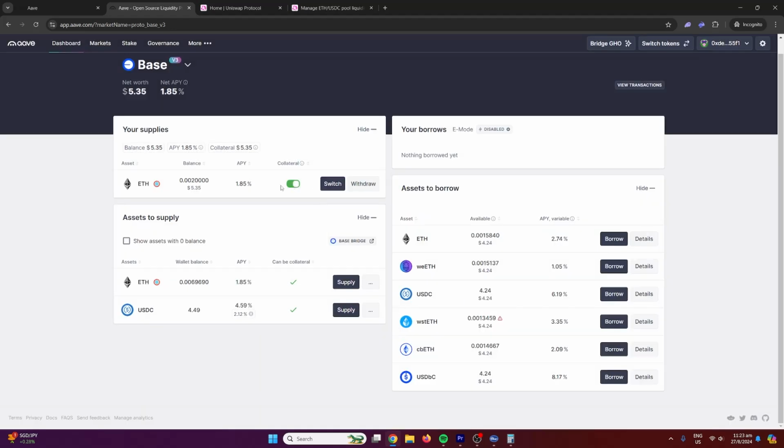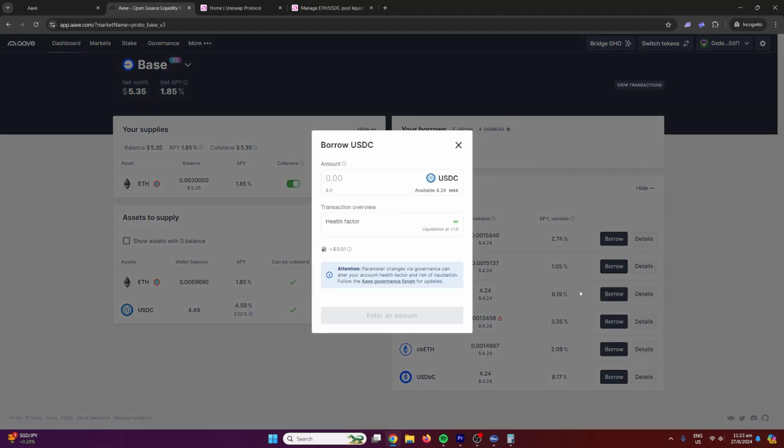Okay, so you can see I have $5 of assets in the protocol, and now I can actually borrow stablecoin from it up to $4.24, but I'm just going to borrow $2.50.